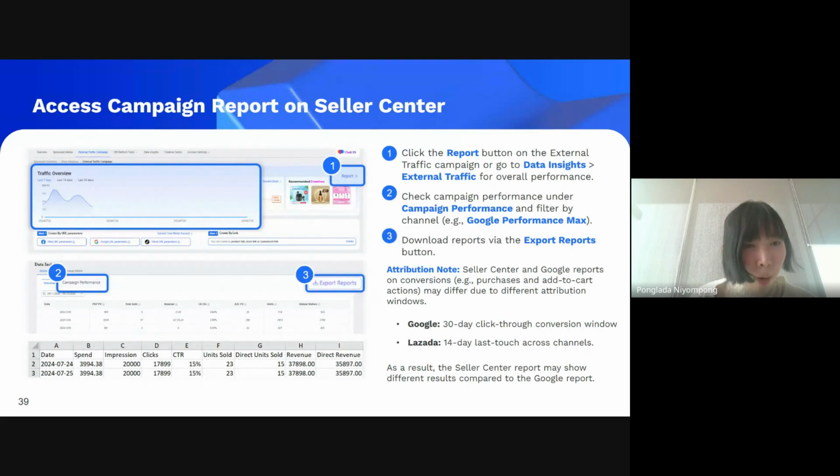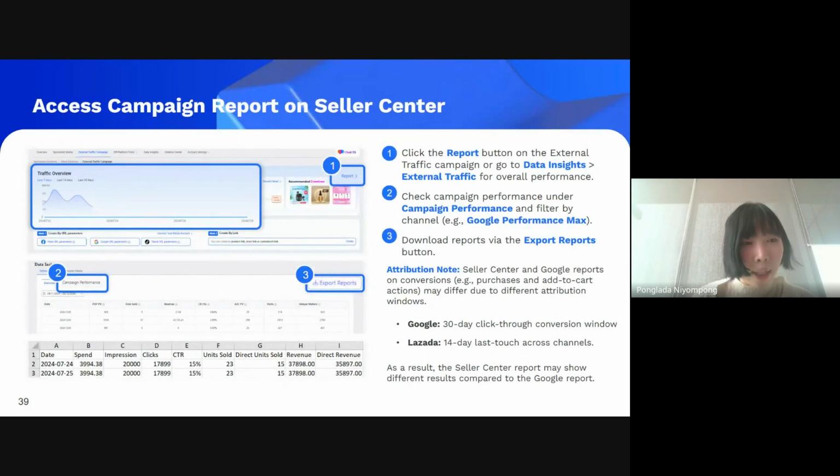And the thing that I want to highlight here, and it's one of the most common questions that we get, is about the data difference between the report in Google and Lazada. This is because the conversion data in Google and Lazada have different attribution models.